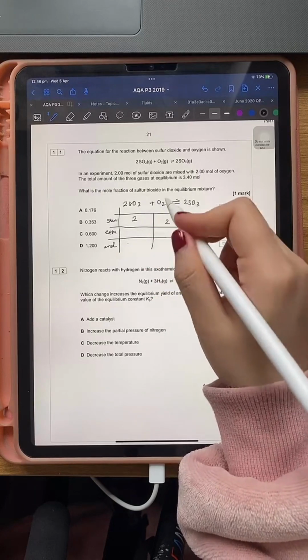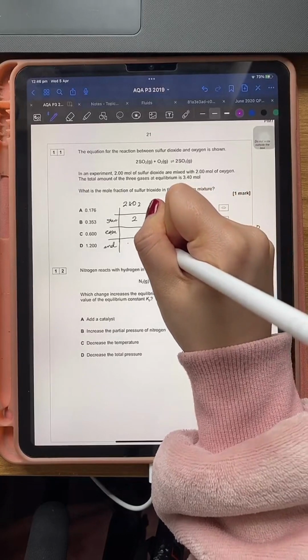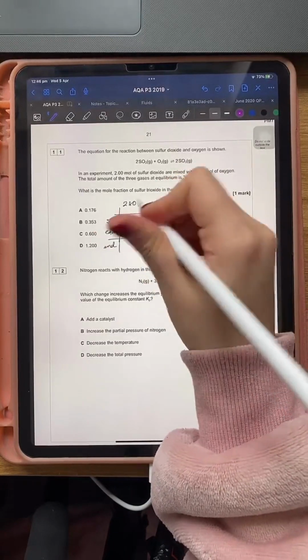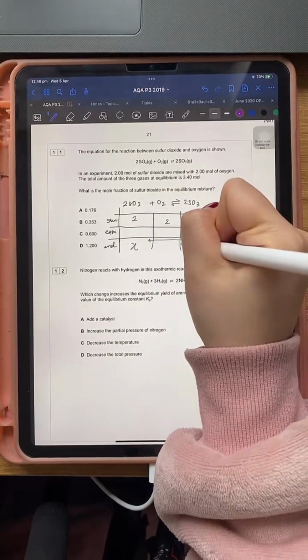This one, ratio is 2 to 2, so it's the same. From SO3 to O2, the ratio is 2 to 1, so that's divided by 2.